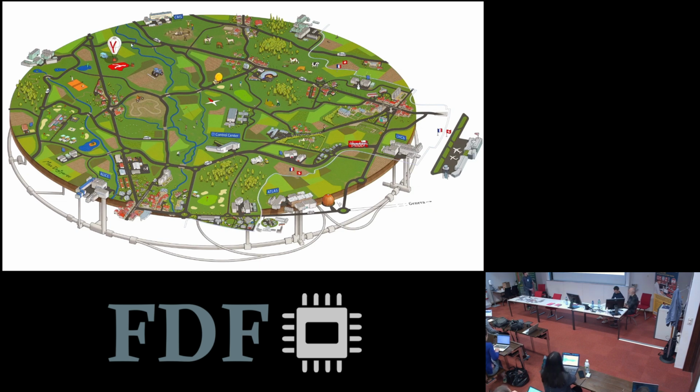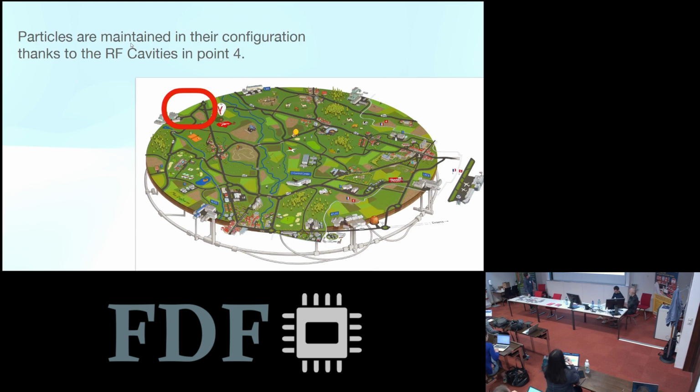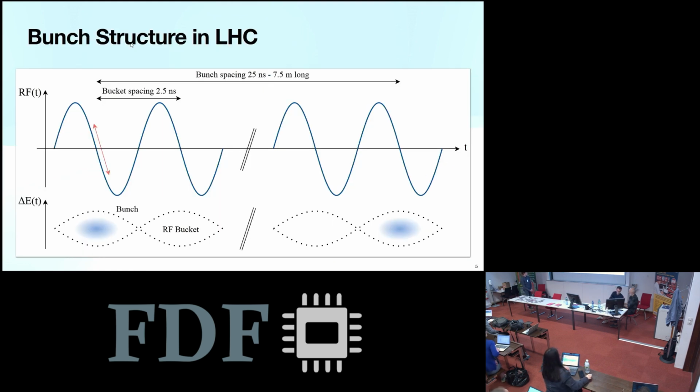In the LHC, particles are accelerated thanks to the RF cavities situated in point 4. These RF cavities produce an RF frequency, which gives the bunches of particles their spacing. This radio frequency is 40 MHz, and the cavities also produce a clock, which is called the bunch clock, and this clock gives you the information about the rate of collision of particles.